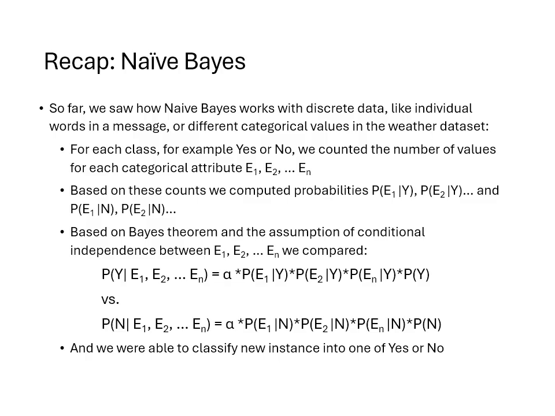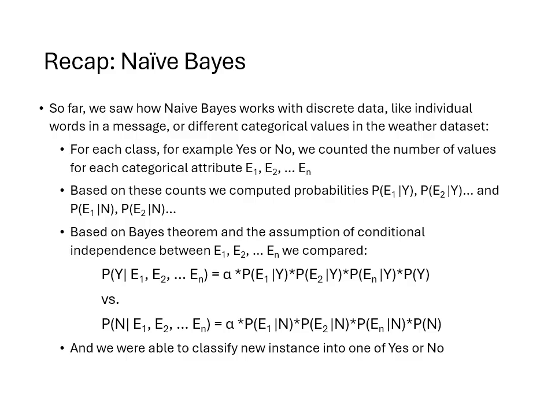For each class, for example, yes or no, we counted the number of values for each categorical attribute. Based on these counts, we computed discrete probabilities: probability of evidence 1 given yes, probability of evidence 1 given no, and so on.